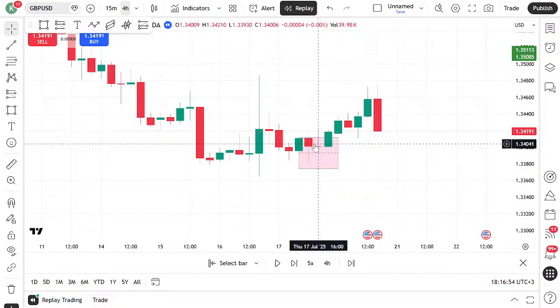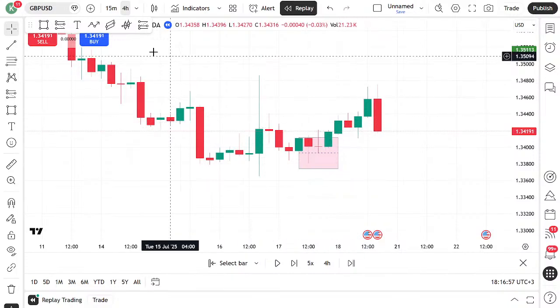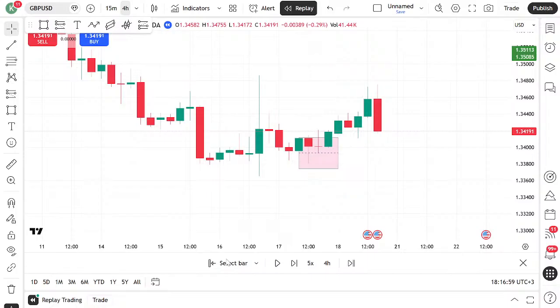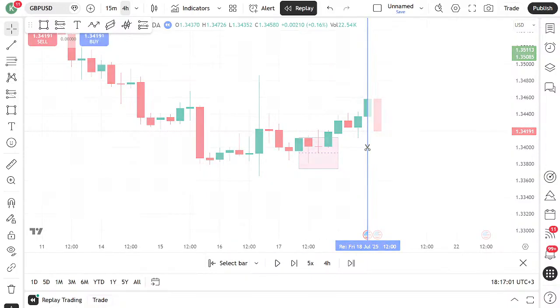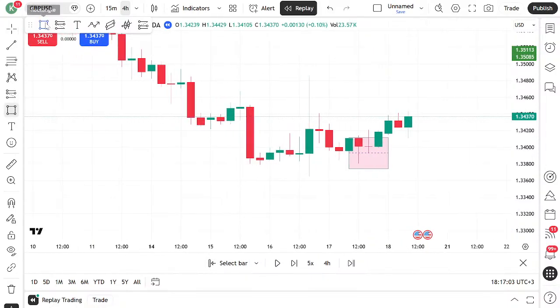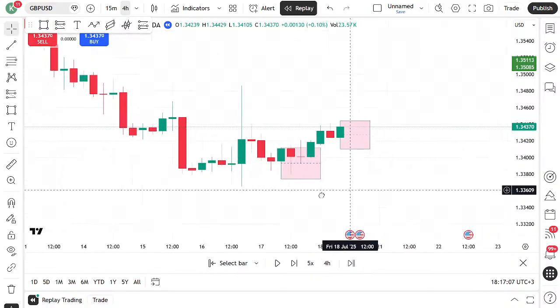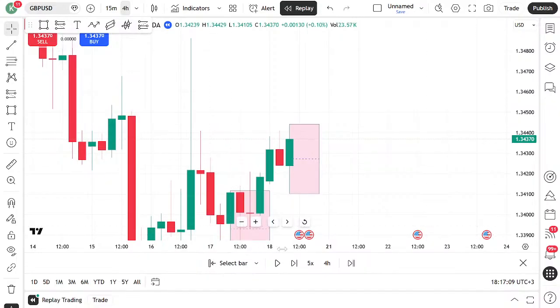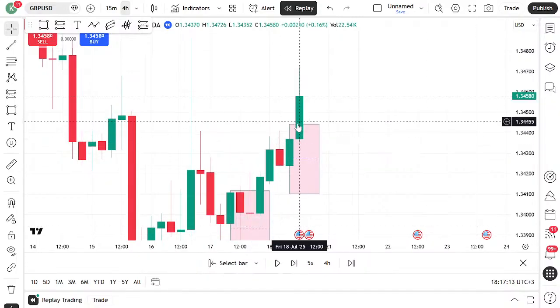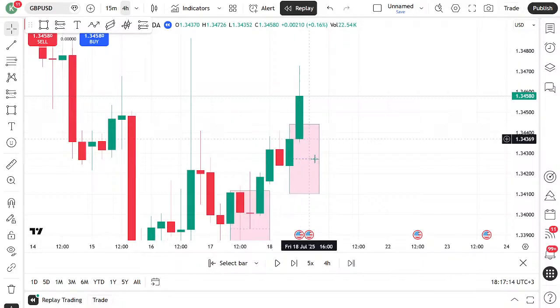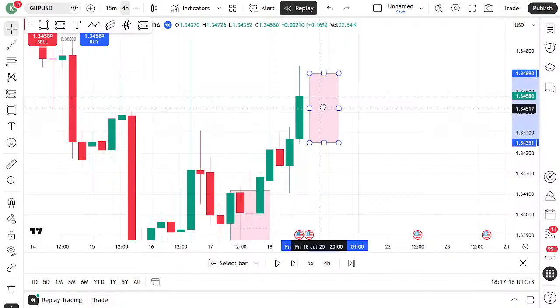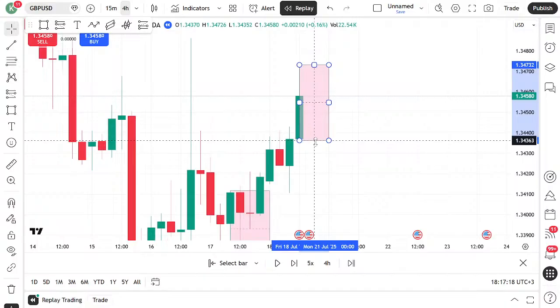So Friday, let's mark here. So Friday, this was our 8 a.m. candle. We mark the high and the low, and see if there are any candles that close above. Then we have this good close above. We mark its high and then mark its low.